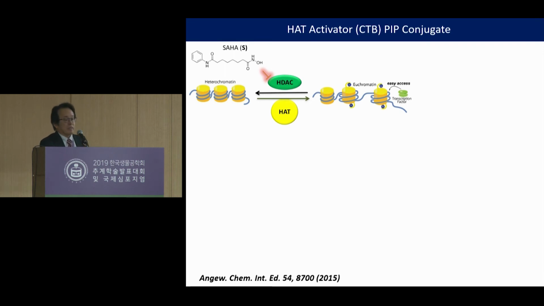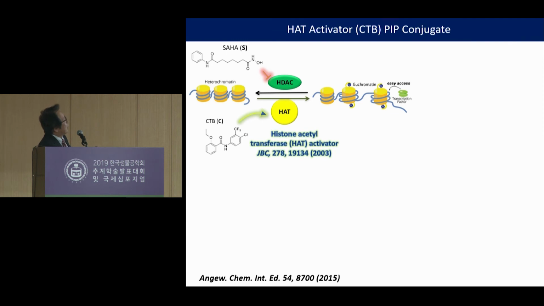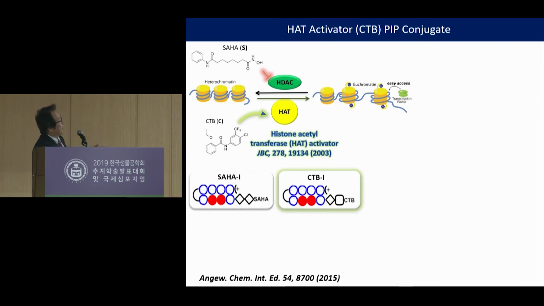If we look at the literature, there is one compound, CTB, that activates the histone acetyltransferase. To test this hypothesis, we synthesized the polyamide conjugate shown here and compared the efficacy with the SAHA derivative.